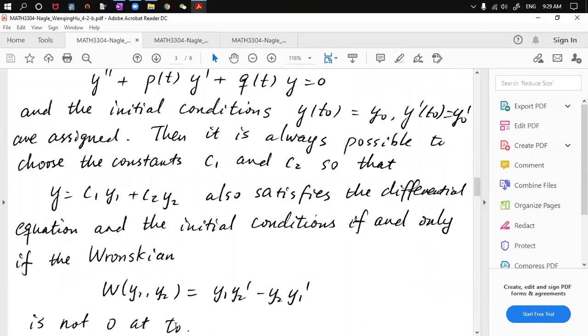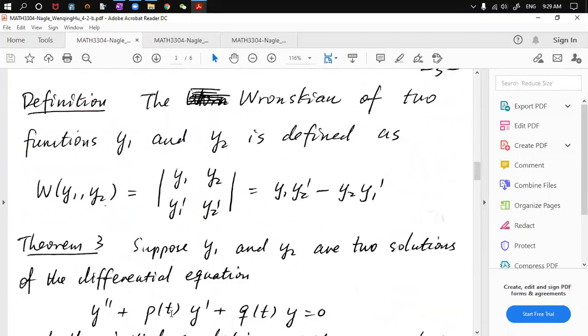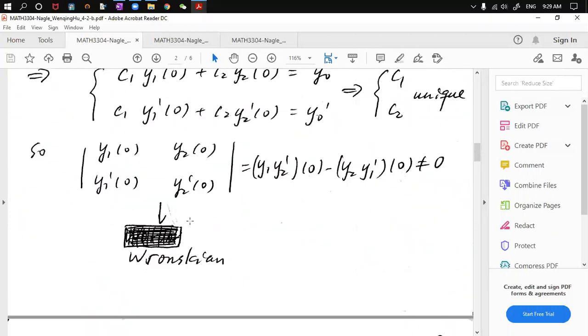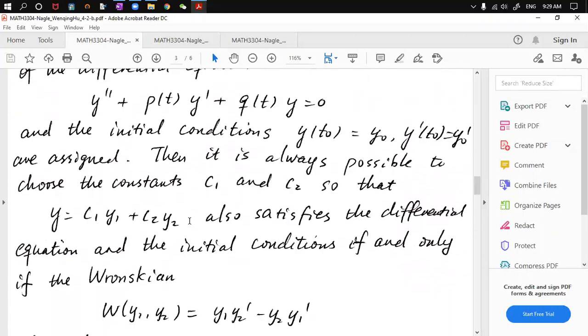This is exactly what we have been talking about in our previous 30 minutes: in order to guarantee that such a linear equation with constant coefficients has a unique solution, in the sense that y1, y2 are fundamental solutions and c1, c2 can be found uniquely, you have to take the Wronskian, which is just the determinant y1 y2 prime minus y2 y1 prime.